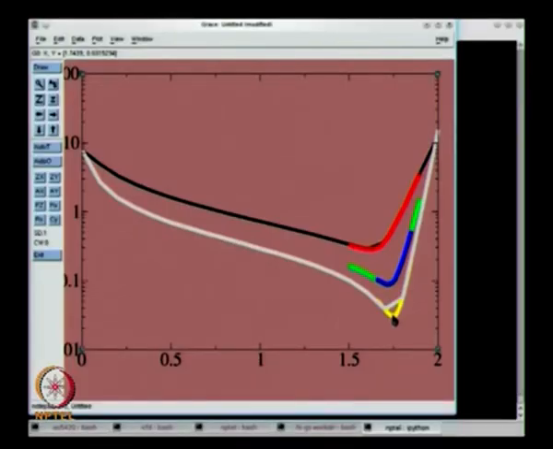Just to give you an idea, this minimum here is at 0.003, while at omega equals 1 it is at 0.3. Please remember it is a log scale. At omega equals 1 the residue is at 0.3, at omega equals 1.8 or 1.75 the residue is at 0.003. It looks like it is converging 10 times faster, is that fine?